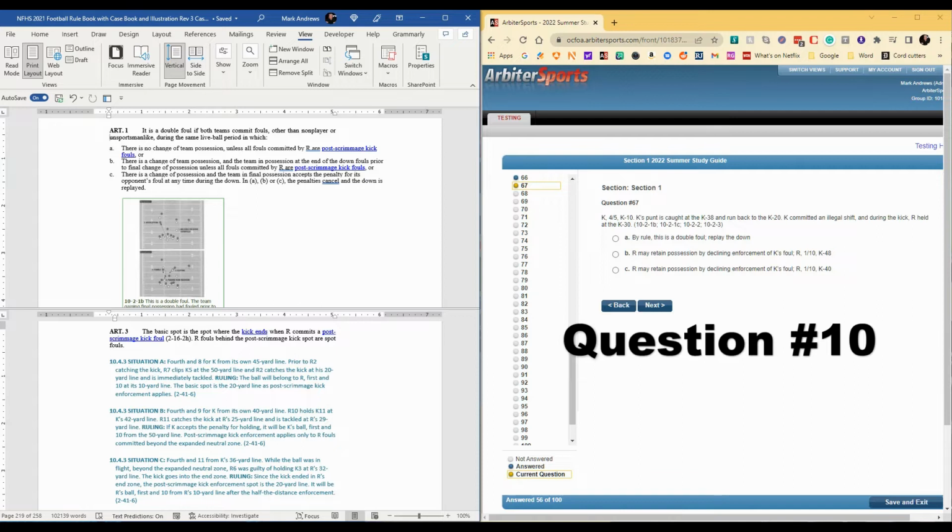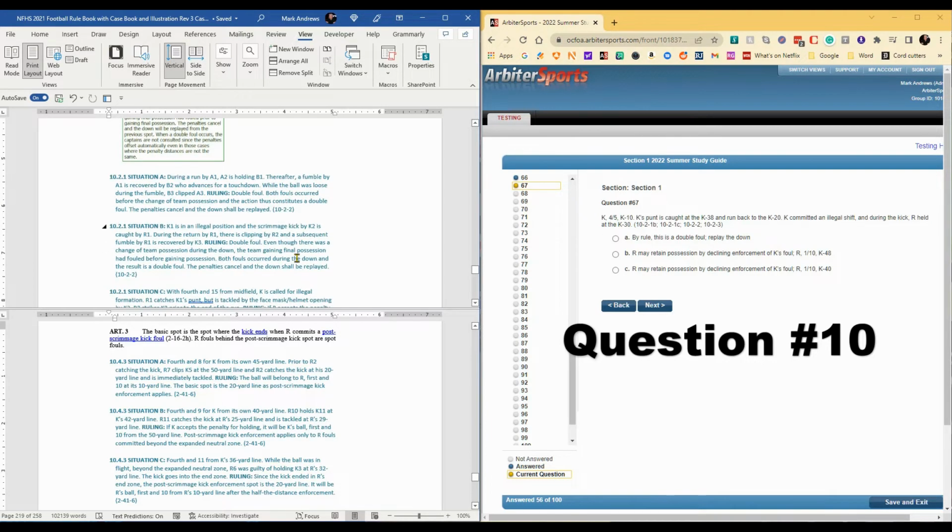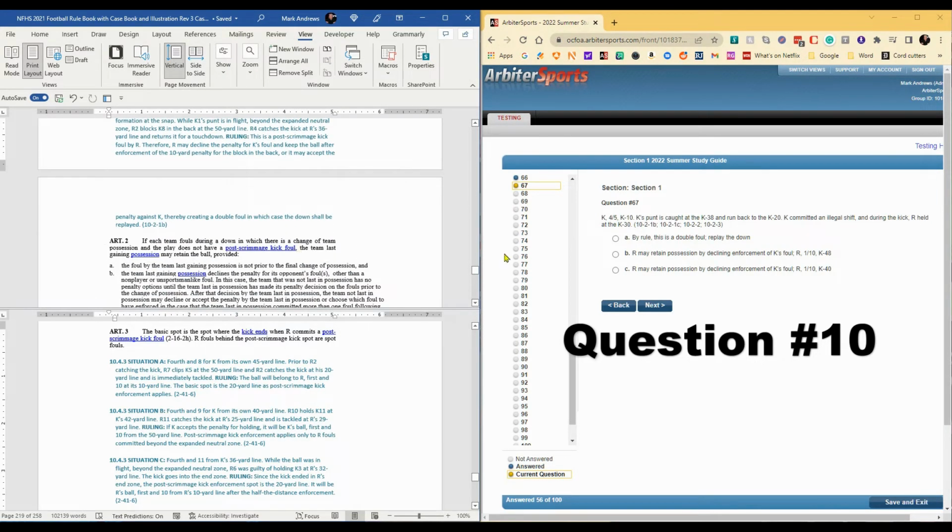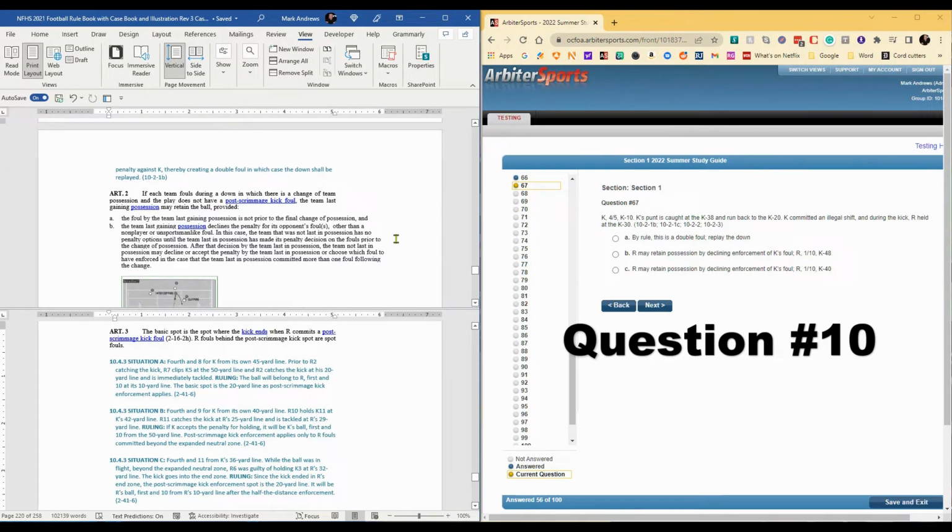So we have all these rules references from Rule 10, and 10.2.1 is the definition of a double foul, which we have here. We have both teams committing fouls during the play. But we learned from our previous question that R can retain the ball if they decline Team K's foul.